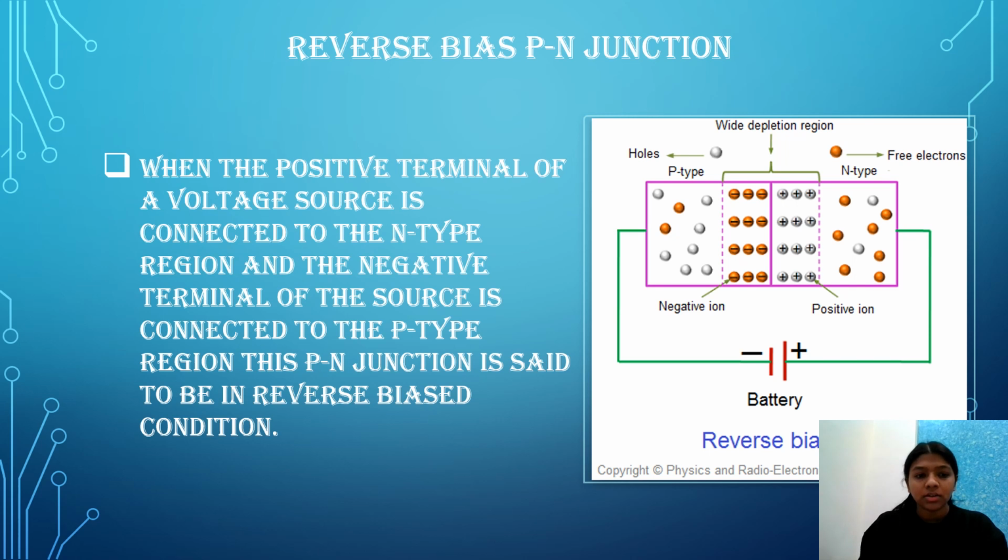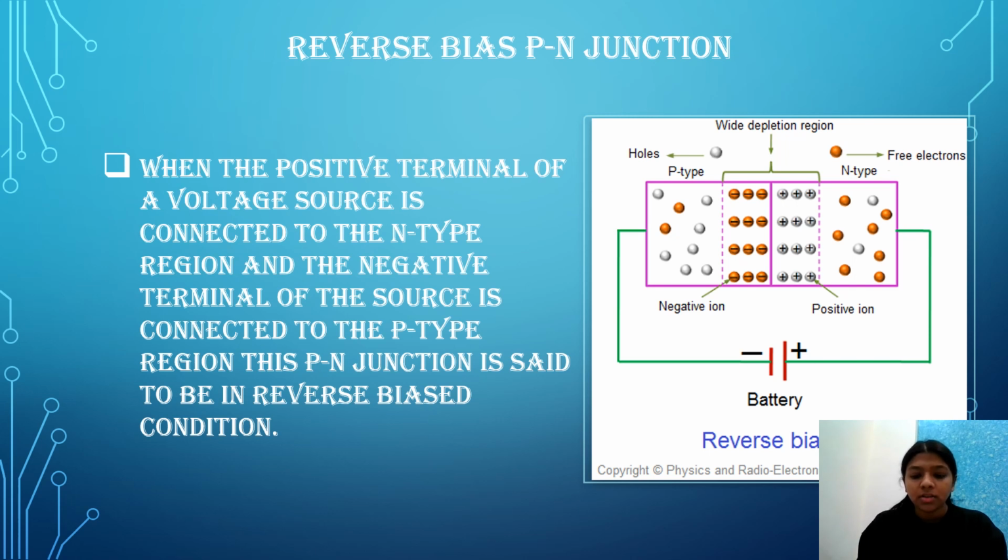In this condition, the electrons, which are majority carriers in the n-type, get attracted towards the positive terminal of the battery, and similarly holes on the p side get attracted towards the negative terminal. Due to that, more ions get created near the junction, so we can say that the width of the depletion region will increase.